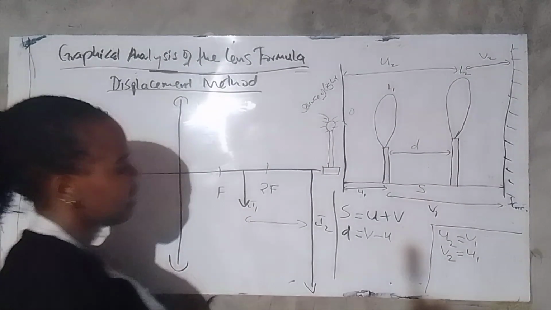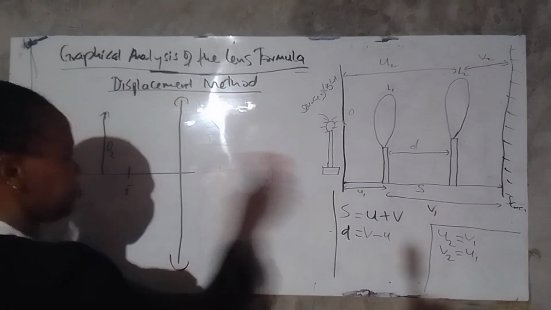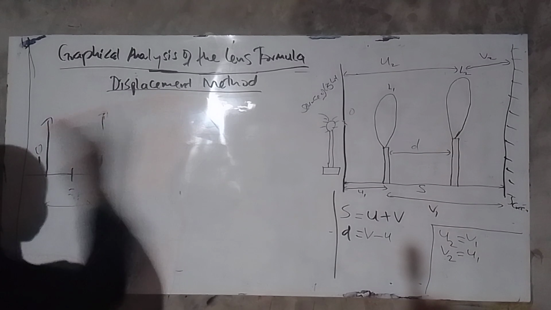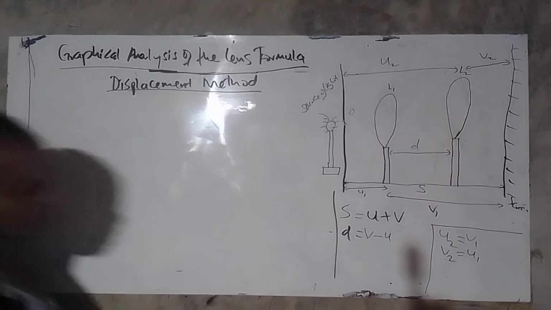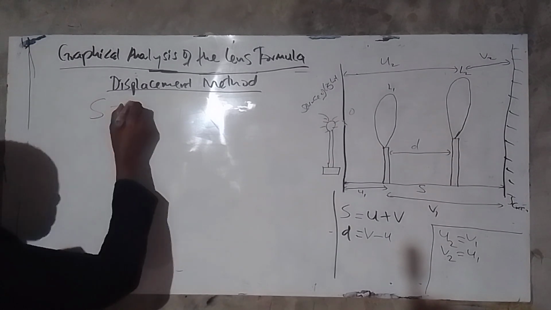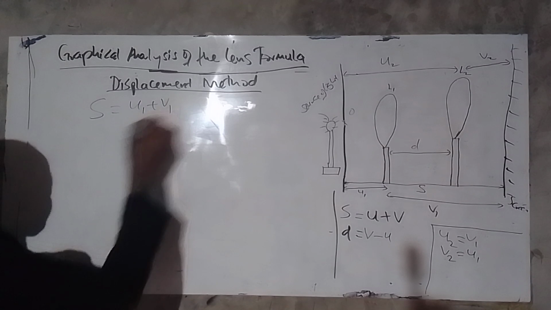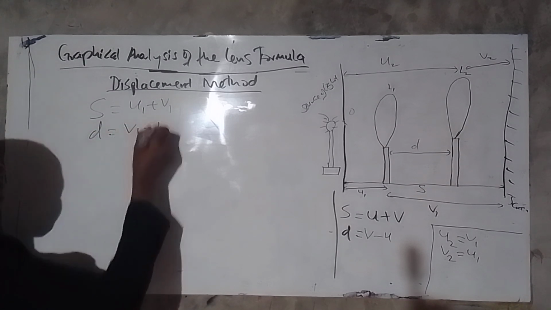Okay, so I think I have to delete this to be able to work it out. So what do we have? We have S as U1 plus V1, and D as V1 minus U1.